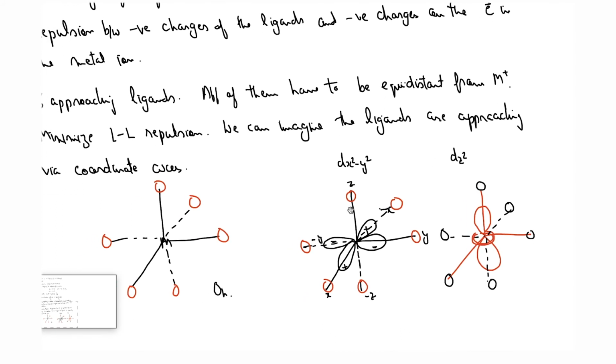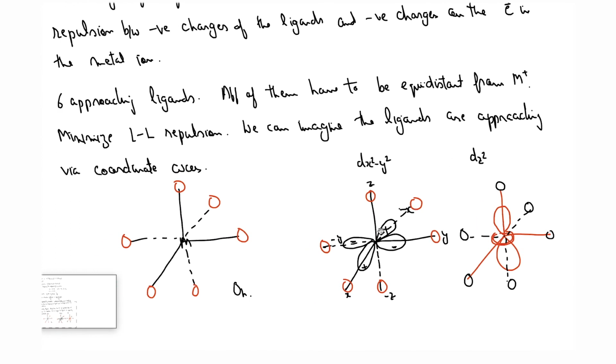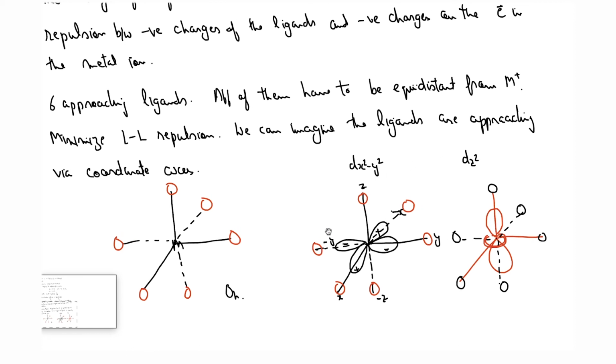Okay, so this would mean that there is more repulsion between the Eg set of orbitals and the ligands. So that means there is relatively more increase in energy of Eg, right? Now if I try to draw the same thing for, let's say, the dxy orbital, you should be able to appreciate that it is not oriented along the axis.